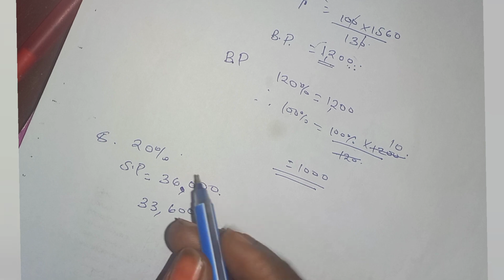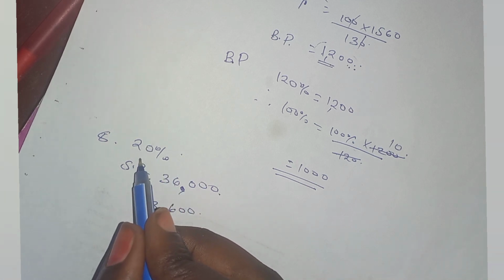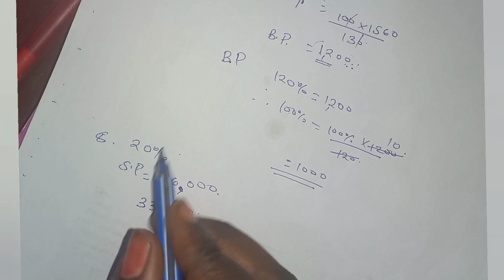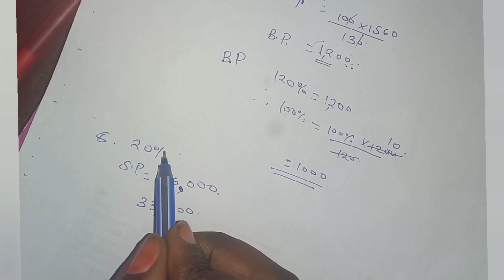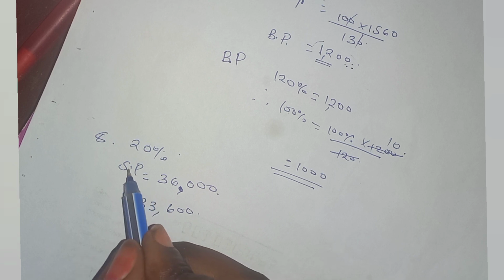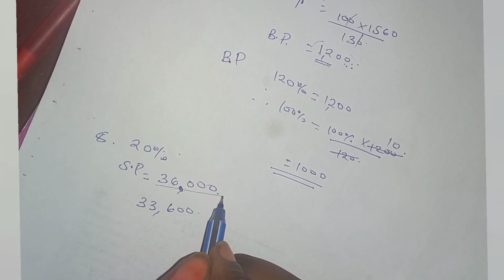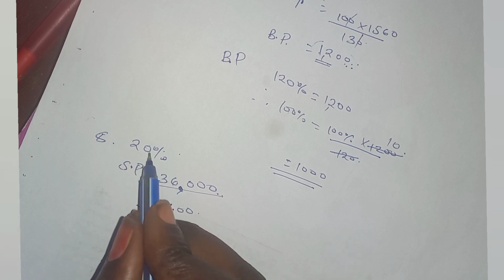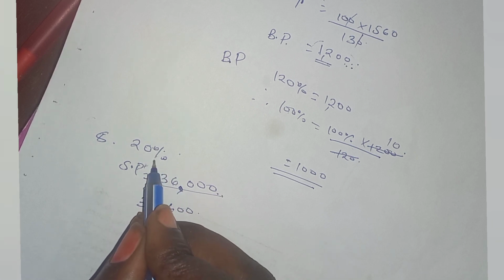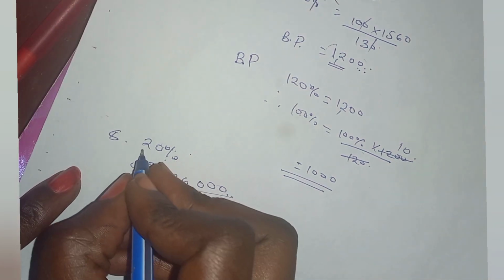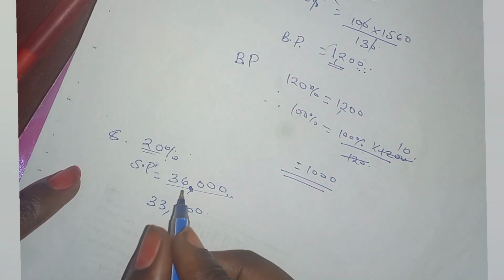Okay, so let's look at this one here. This businessman makes a profit of 20% when he sells this carpet at 36,000. So let's calculate the buying price. We'll use this 20% to calculate the buying price.